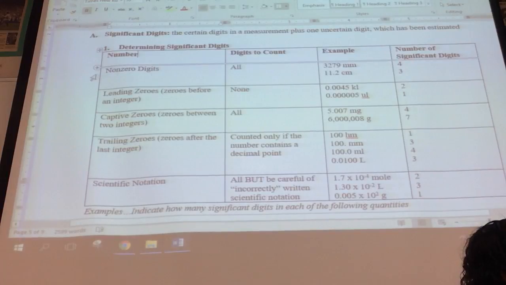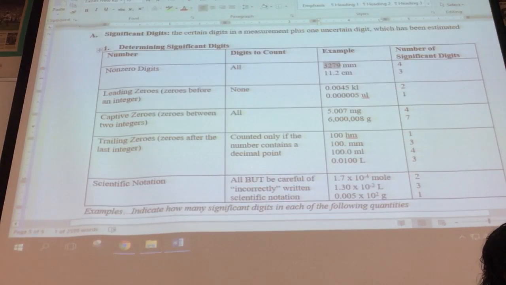The first rule is that non-zero digits, 1, 2, 3, 4, 5, 6, 7, 8, 9, are all significant digits, and therefore you count them. For example, if you have 3,279 millimeters, these are all non-zero digits. You count each one, 1, 2, 3, 4 significant figures.